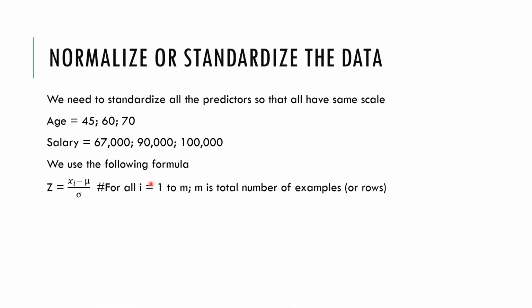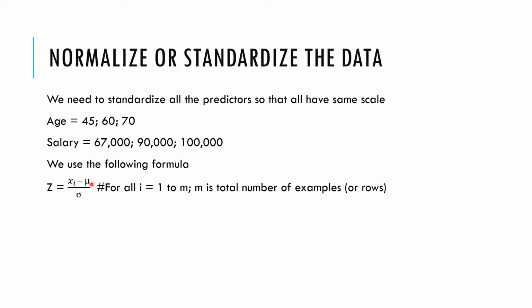There is a formula for that. Let's say z is the standardized or normalized version of the variable x. The formula is z = (xi - mu) / sigma, where xi is the variable itself and i varies from 1 to m, where m is the total number of examples, rows or records in the data for each variable.